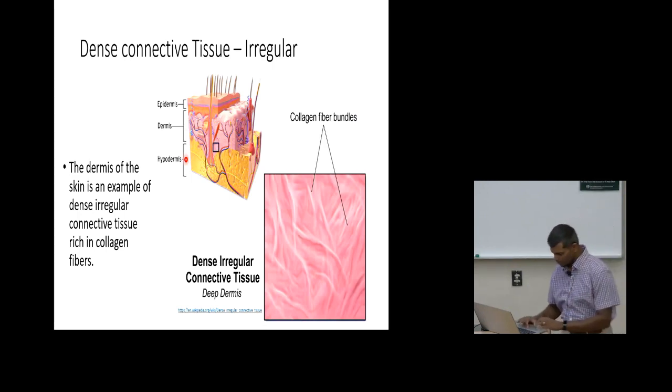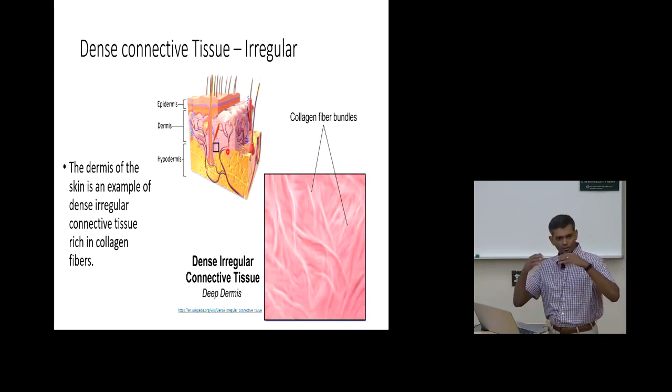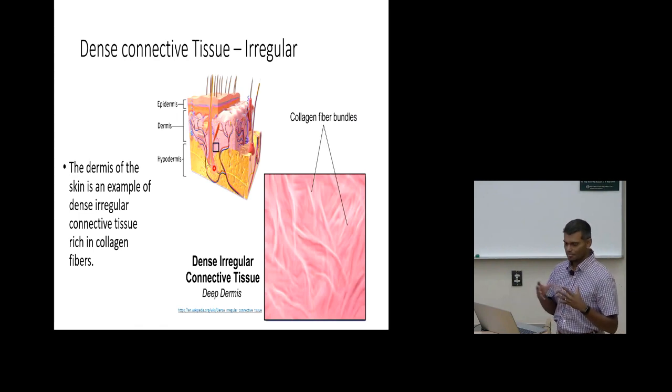The part which is closer to the epidermis, or the epithelial cells, will be made up of the areolar connective tissue, but the part below is made up of irregular dense connective tissue. The reason for this is that the lower part of the dermis needs to support a number of appendages or structures like the hair follicles and sweat glands, and so it has to have a little more support and be firmer than the areolar connective tissue.